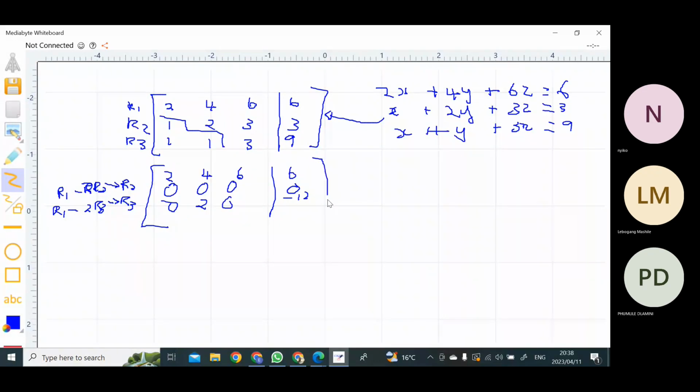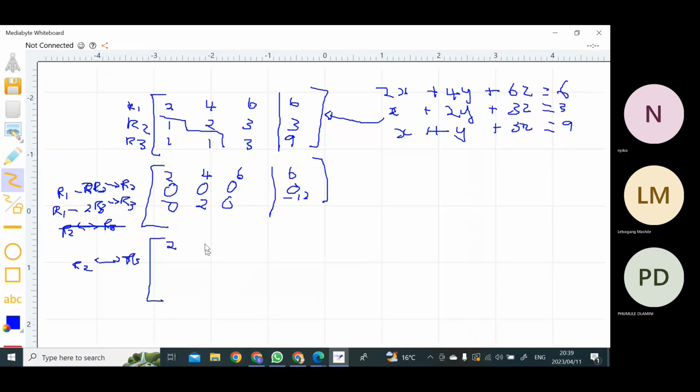When you achieve a row of 0, you are allowed to exchange rows. When you exchange rows, you can say I'm changing row 2 with row 3.